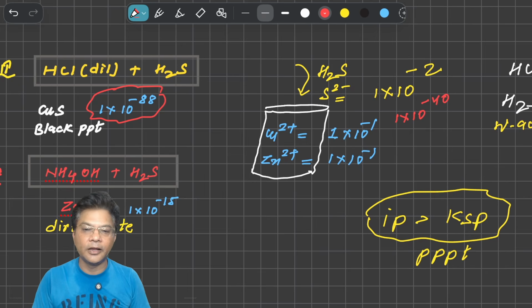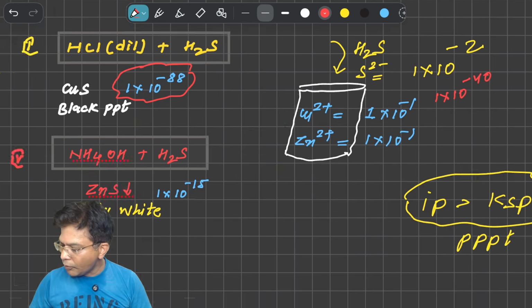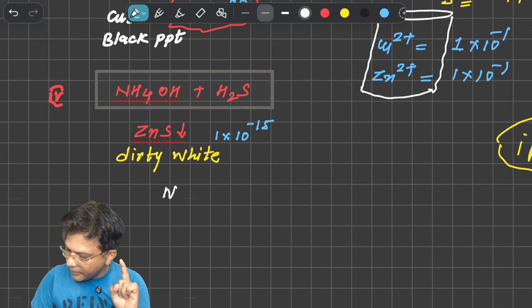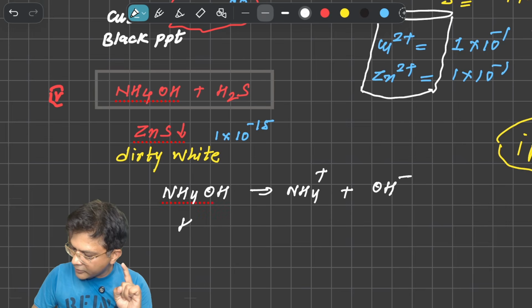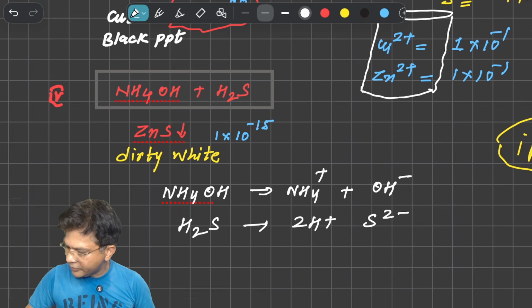This is the funda. Now, for the fourth group radical, first add ammonium hydroxide, it will break to form NH4+ and OH-, and now pass H2S gas, which gives 2H+ and sulfide.